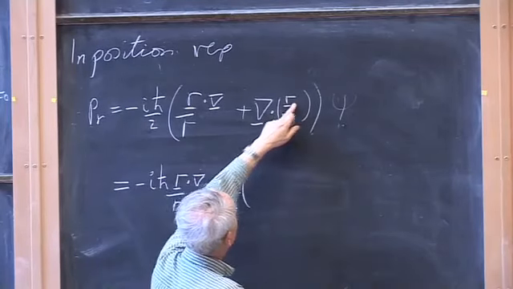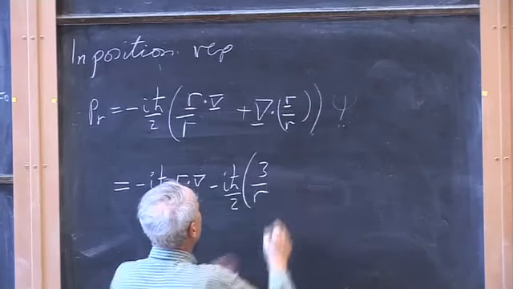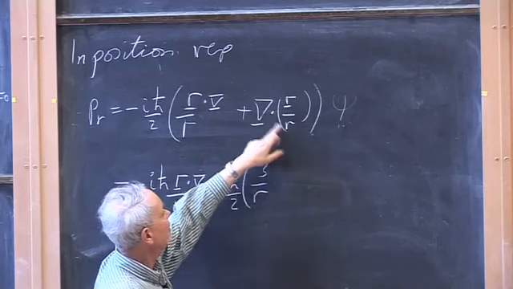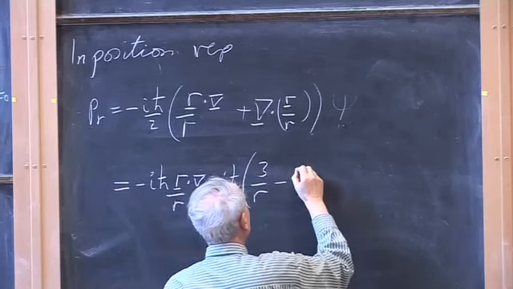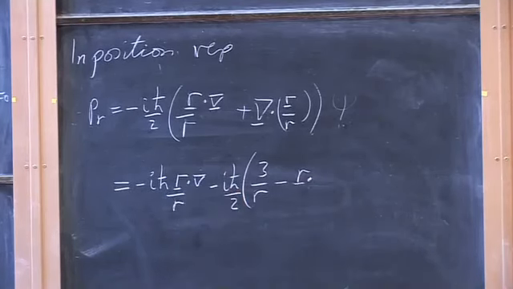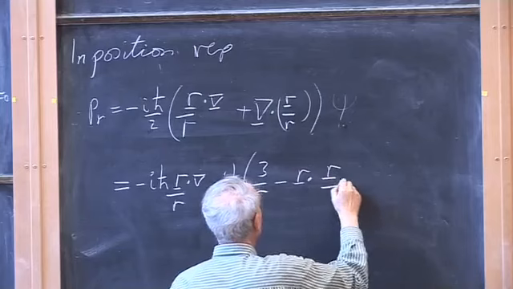Then I'm going to have this thing operating on this. The divergence of r is 3. And then I've got this thing operating on that. It's going to be r dotted into the gradient of 1 over r. So that's going to be minus r dotted into the gradient of 1 over r. The gradient of 1 over r has to be, oh, well, it is the vector r over r squared.